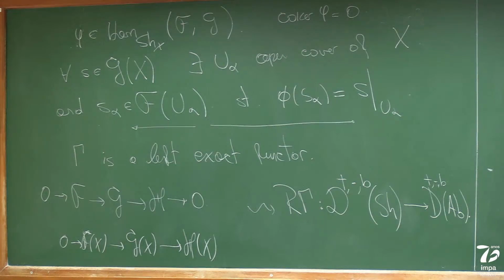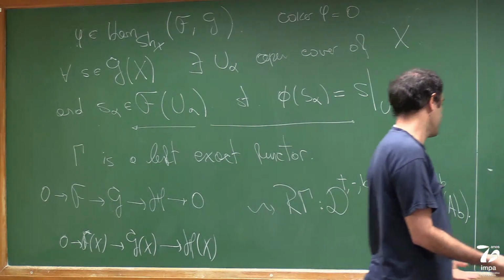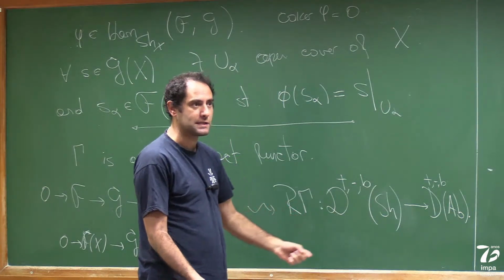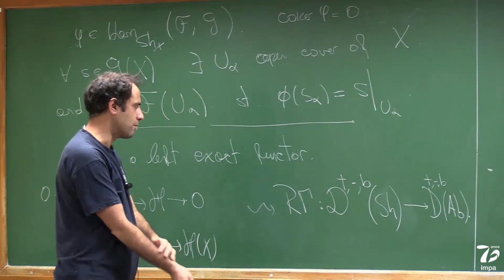But the only way we know how to compute that functor is if we have enough injectives, or if we have enough objects such that Homs in that derived category are actually Homs in the homotopy category, that were actually maps of complexes and not just roofs of maps of complexes.